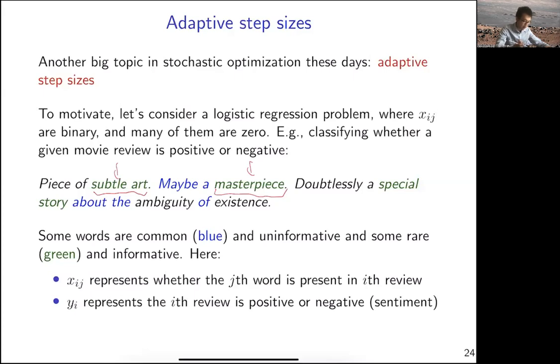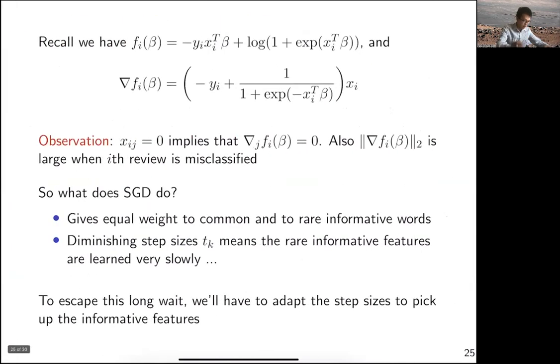Compared to other words like "for," maybe we want to design algorithms with step sizes that are much smaller on those uninformative features. Okay.